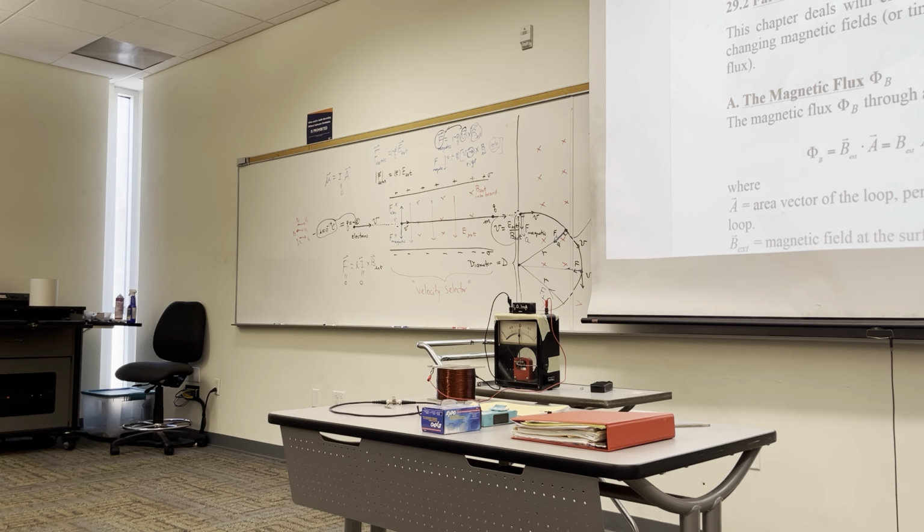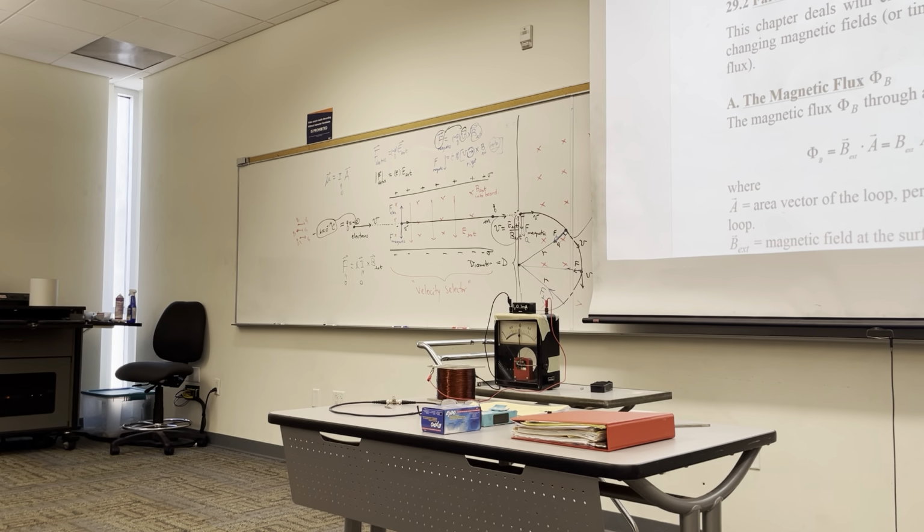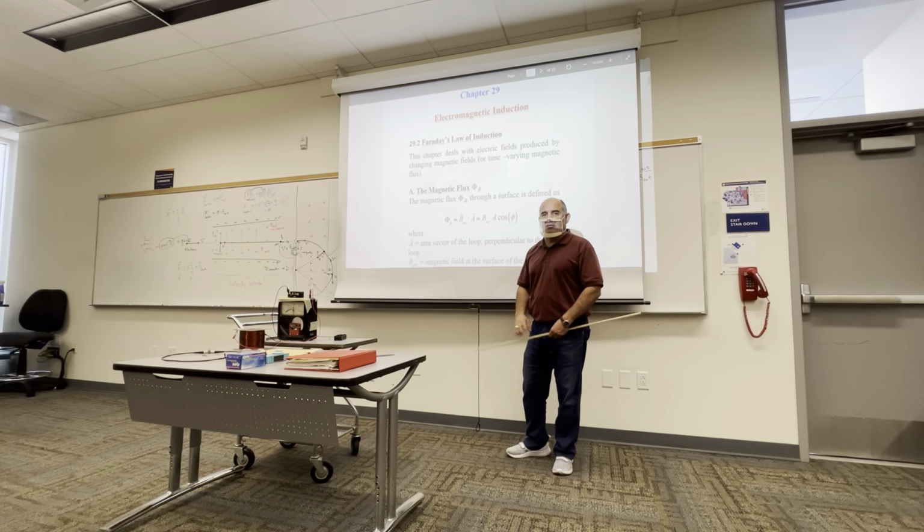This term takes into account the orientation of the loop relative to the magnetic field. So if you rotate the loop, you're just changing phi. If you change that angle between the area vector and the magnetic field, you'll be changing the magnetic flux, and there will be a current induced in the coil.